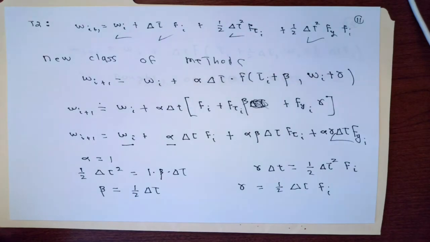It's likely that one of those, at least, is much better than Euler in some sense. Take the formula for the new method and expand it using basically first-order Taylor series, which we have just talked about a few moments ago.